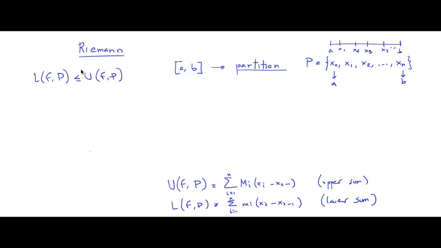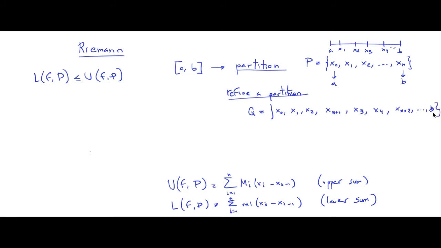So what Riemann said is that we can refine a partition by adding points to it. So for instance, we have another partition Q in which we have x0, x1, x2, and then let's call it xn plus 1, for instance, and then we have x3, x4, xn plus 2, and so on until we get b again.